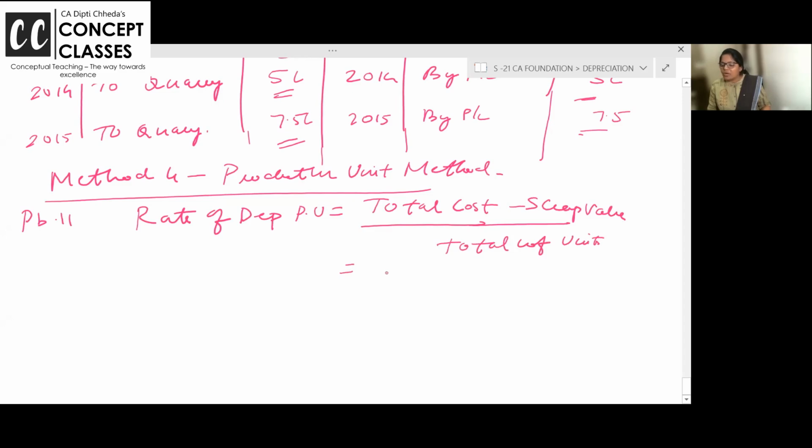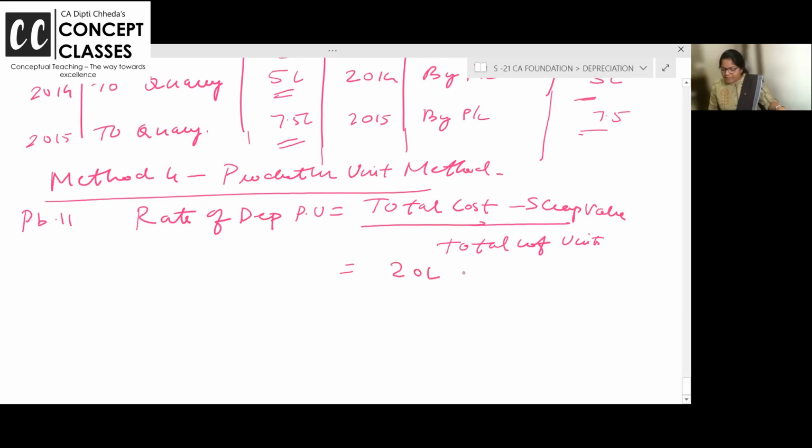What is the total cost? Yes, the 11th problem they have given. Just before, the 10th problem is homework, I am doing the 11th problem. When I am reading, I hope you are able to take it down.